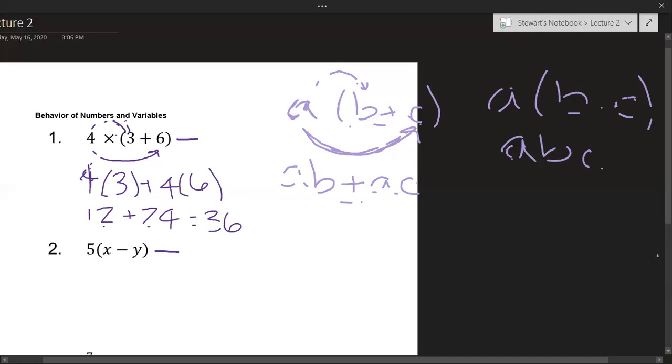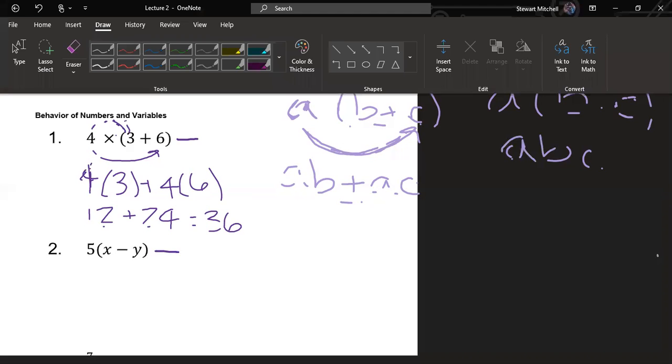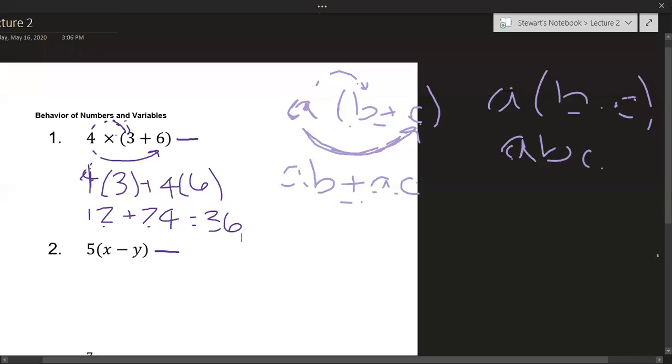So that is how you do that one. I will revisit this one after we do the second one, because there is a second way you could think about it, if that makes it easier for you. And I will show you what that looks like in just a moment.